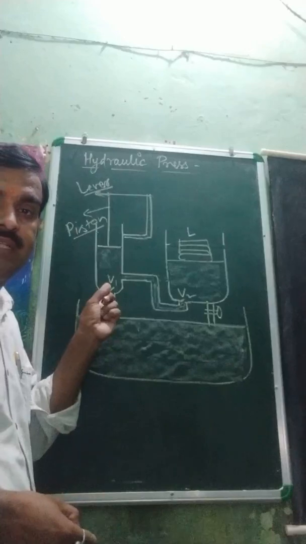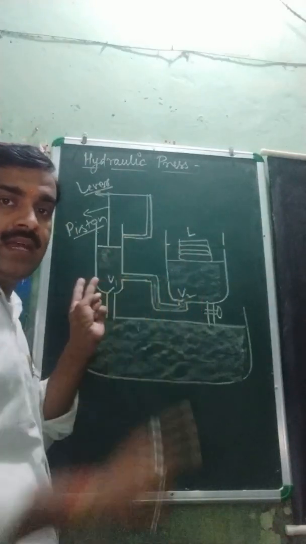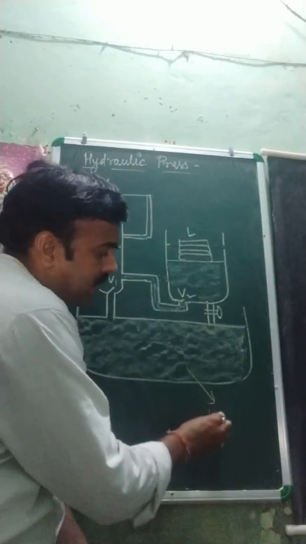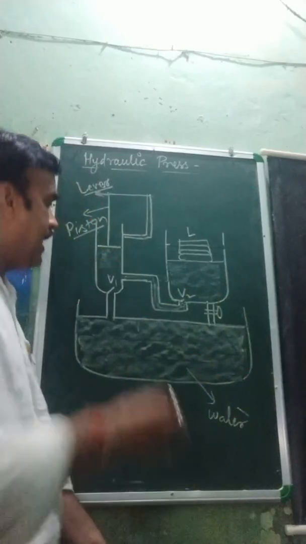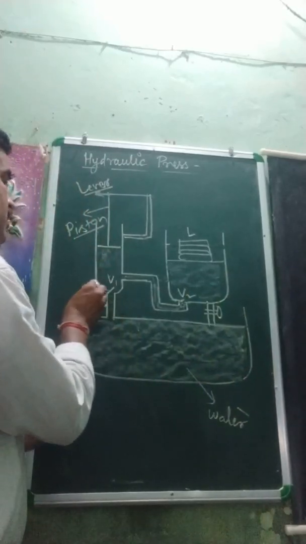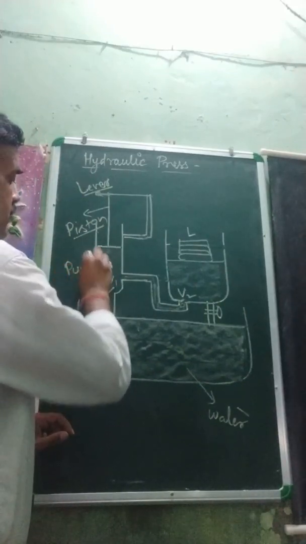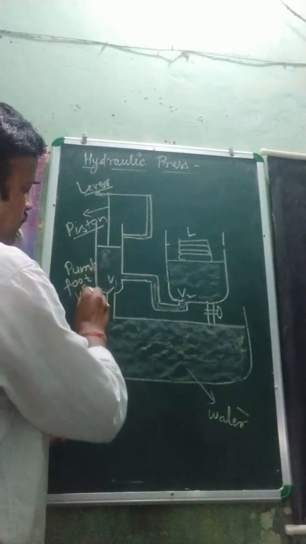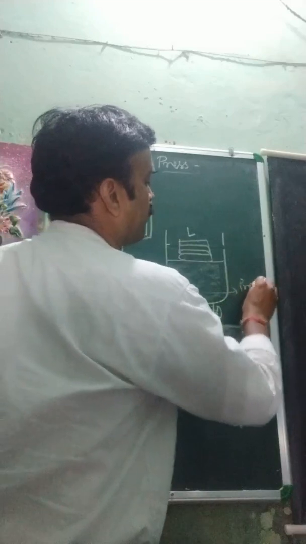This side is the smaller cylinder, this side is the bigger cylinder. Okay, here there is water. Okay, and here it is known as pump foot valve. And this one is called press foot valve.